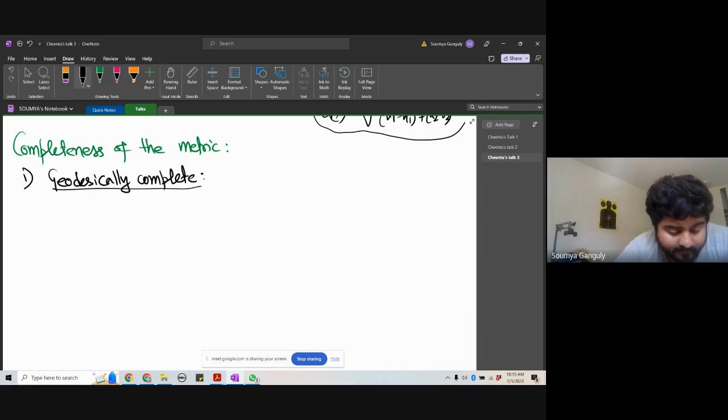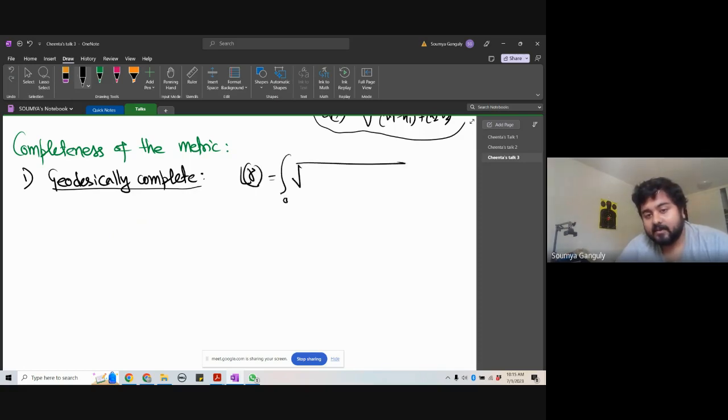Basically, you have this length functional, right? If you have a curve gamma from A to B on the manifold M, then you have this length functional, the integral of the norm of gamma prime t dt.